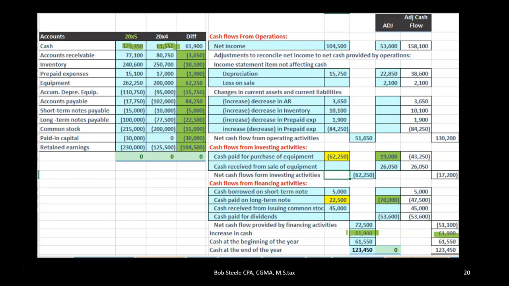But of course, when we're comparing the statements, we want to end with the amount of cash at the end of the time period. So if this is the change and we add to it what was in there at the beginning, which is this number, then we will end up with the cash as of the end of the time period, that point in time on the balance sheet, so that we can compare the cash flow statement to the balance sheet, which would be equal to this number here.